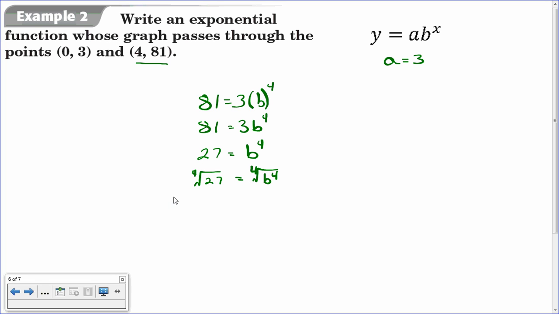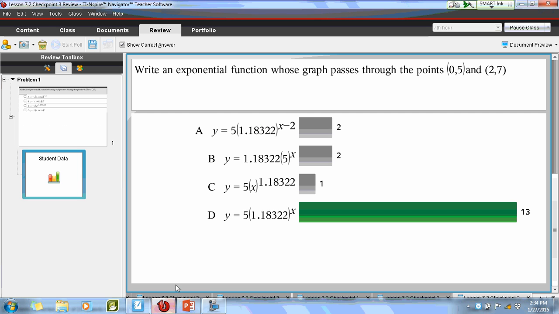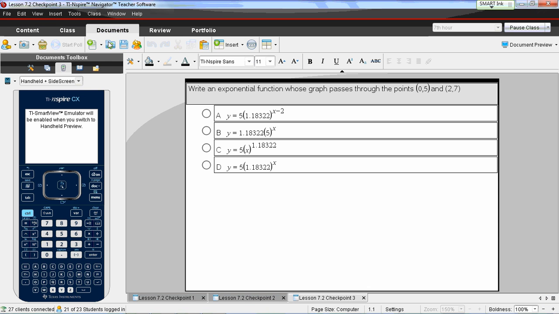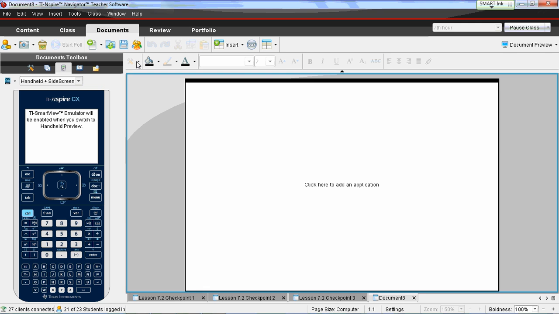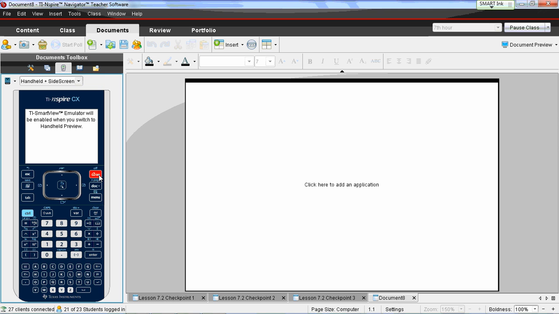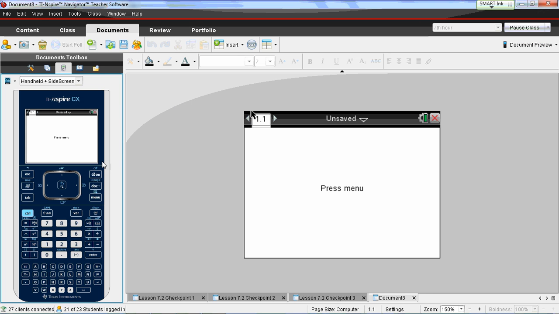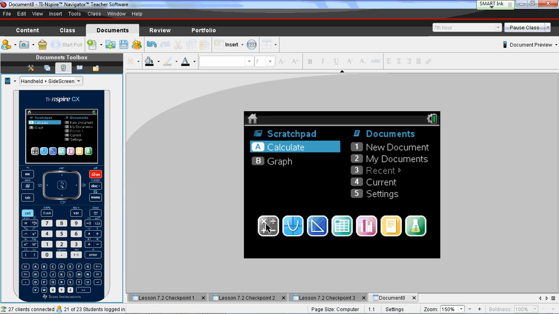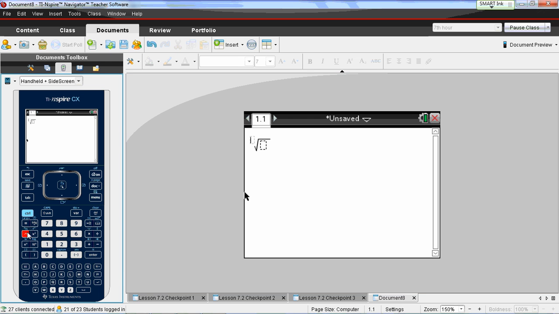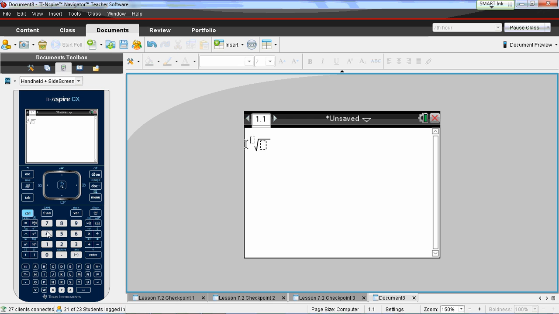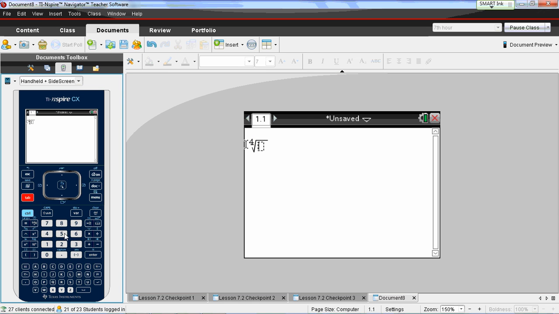Now the 4th root of 27, let's take a look at that. I'll get a new screen going here. Let's change this to what's showing the calculator. There we go. All right. 4th root of 27. That's going to be right here. All right, put 4 there. 4th root of 27.